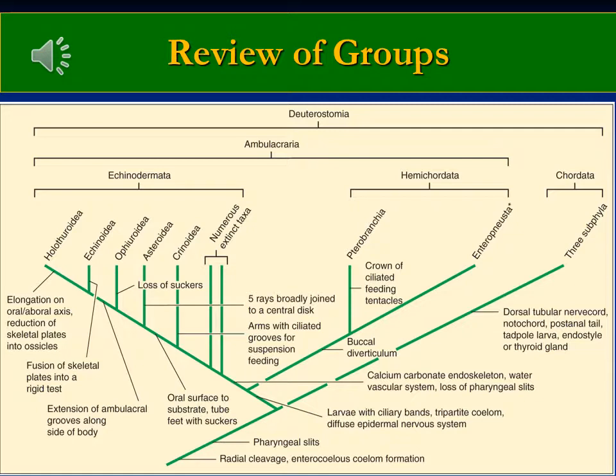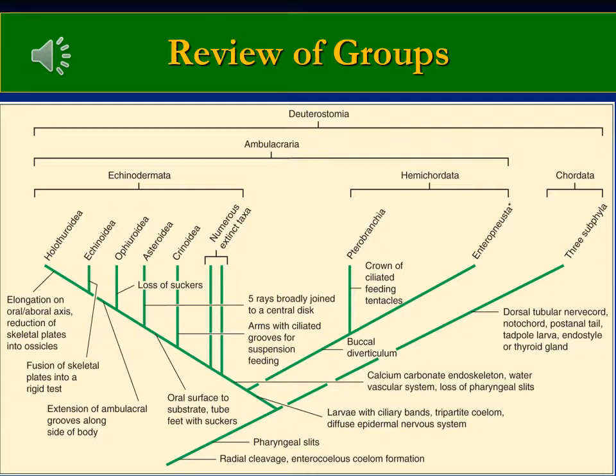The Lophotrochozoa and the Ecdysozoa are both considered to be protostomes. The deuterostomes consist of a couple of major groups. Of course, we have Ambulacraria, which consists of the echinoderms and the hemichordates and the chordates.